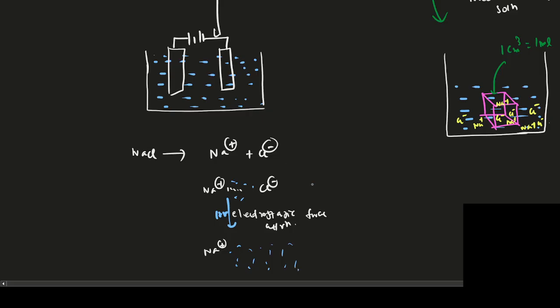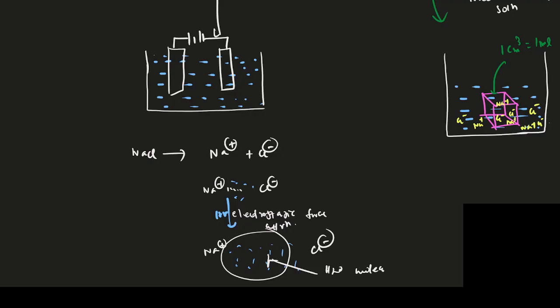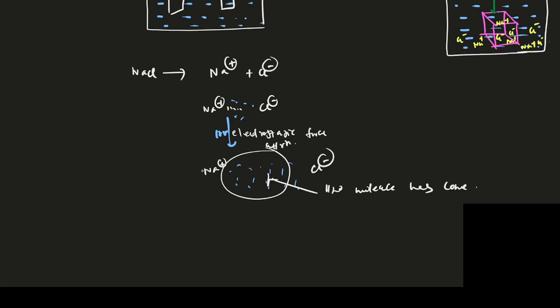If water molecules come, then the attraction between this Na plus and Cl minus will decrease, because water molecules have come in between them.